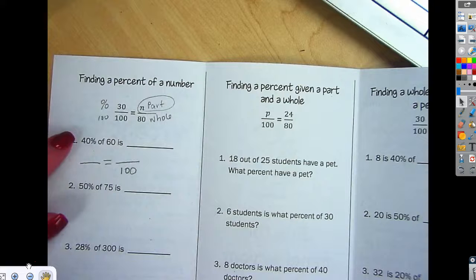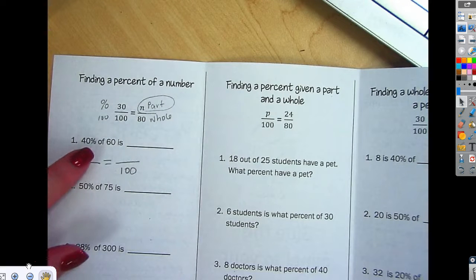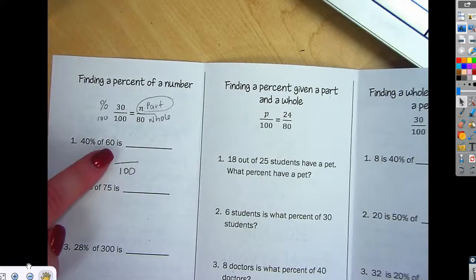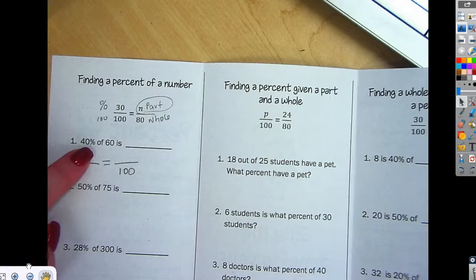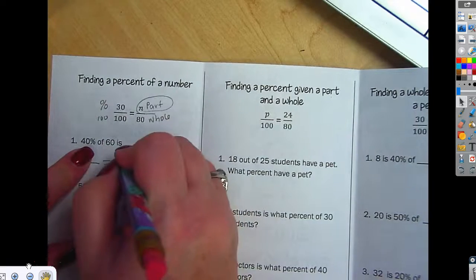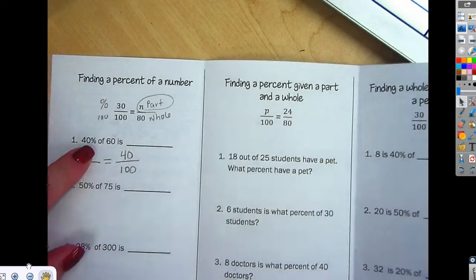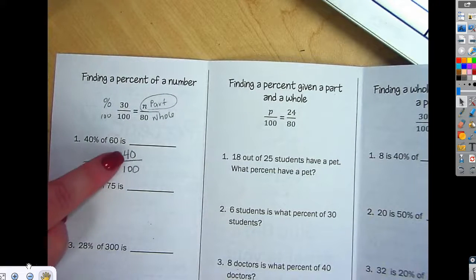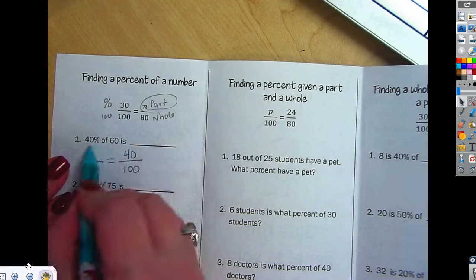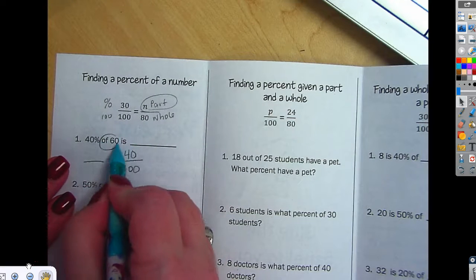So let's look at this problem. What is 40% of 60? So where am I going to put the 40 for the percent? Right here over the 100. Don't use the percent sign, just use the 40. So now we know that's 40% out of 100%. So 40% of 60.